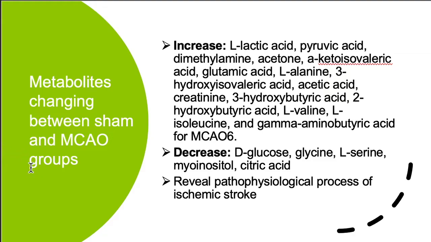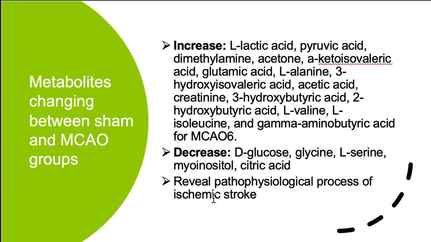Here are the most distinctive metabolic changes in the MCAO groups as a result. As we can see, most of the metabolites are increased, but some of them are decreased, which are glucose, glycine, L-serine, myo-inositol, and citric acid.